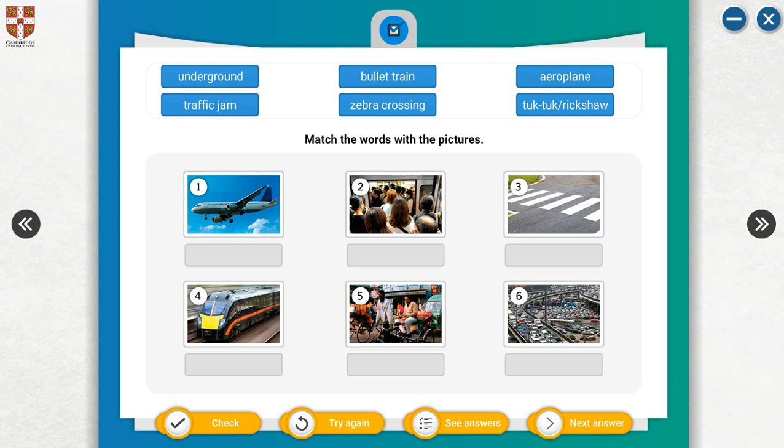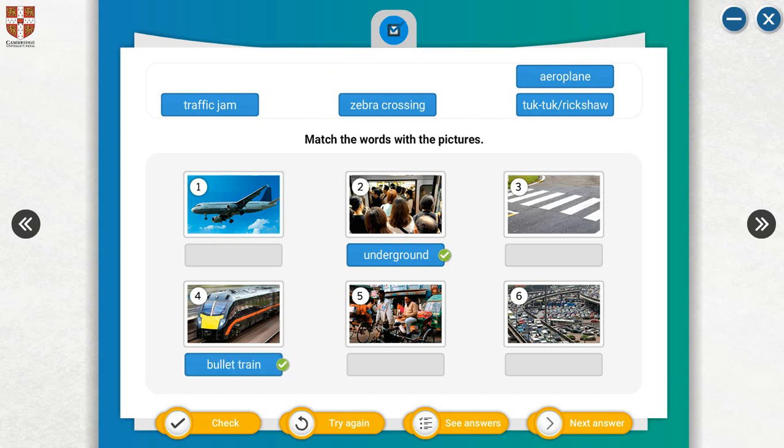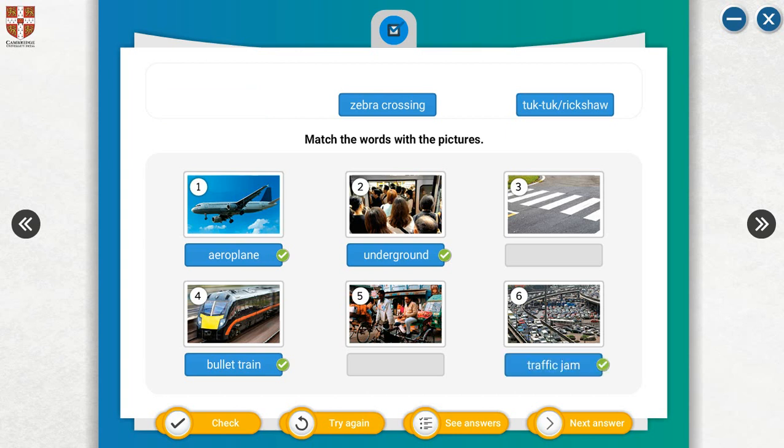Now we will match the pictures with the words. So for that. Okay, underground with picture number 2. Bullet train, number 4, sure. And airplane, number 1. And traffic jam, of course, number 6.